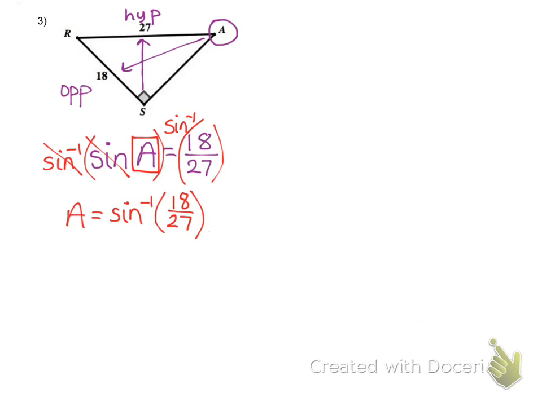Now we're going to put that in our calculator, and rounding to the tenths place, we get the measure of angle A is equal to 41.8 degrees.